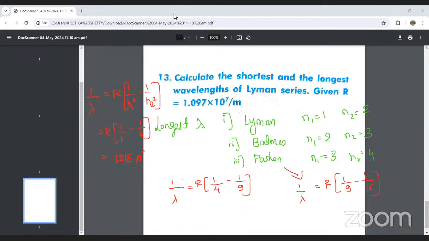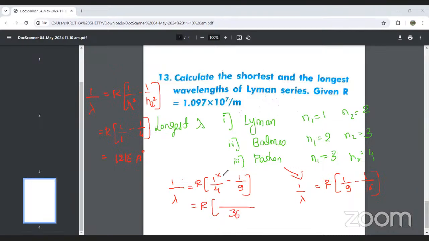Is it for which one? Balmer series, yes. See, for the Balmer series, I think your answer will be 6563. Reciprocal and all, you just confirm here, students. This is 36.